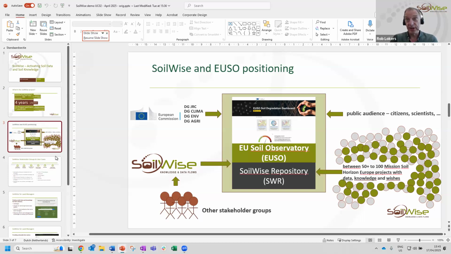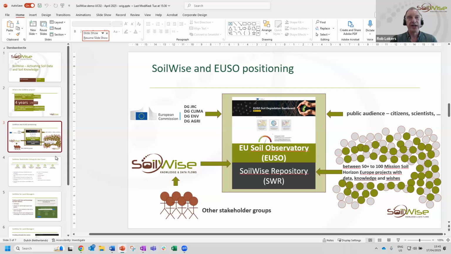It's not only those projects. We also look at other data sources, specifically research repositories like Zenodo, but also all kinds of national repositories that serve soil data and soil knowledge. We try to bring that all together in a repository.